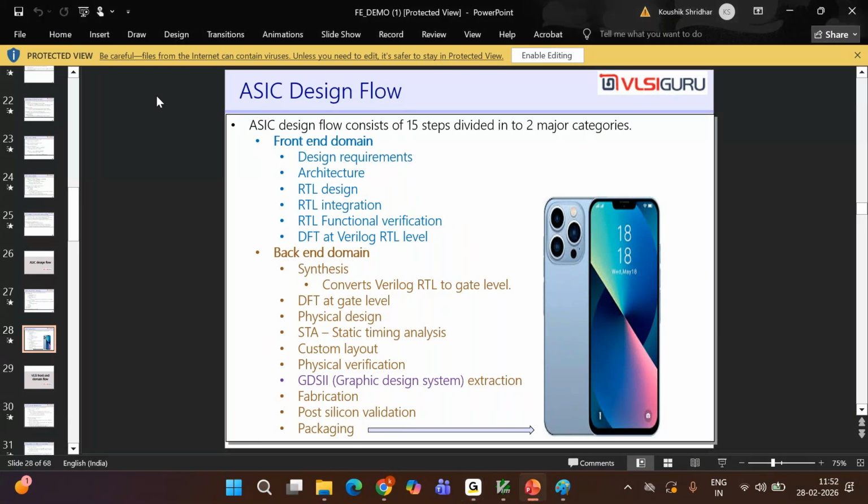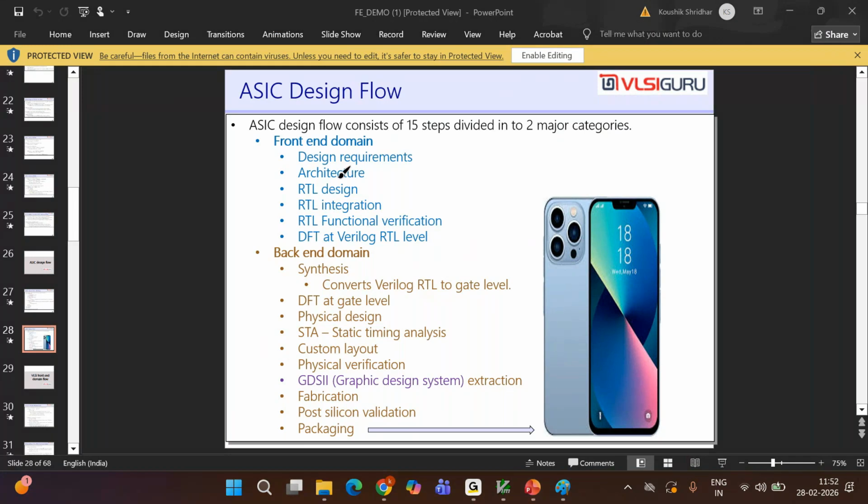Sumitra, please tell me, do you have any questions? Yes, sir. So ASIC design engineers do RTL design, is it? Yes, ASIC RTL design engineers do the RTL designing, meaning Verilog designing. Digital design engineer and RTL design engineer, both are the same, sir?